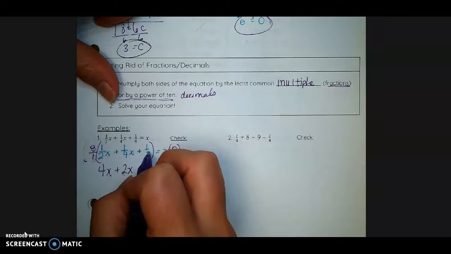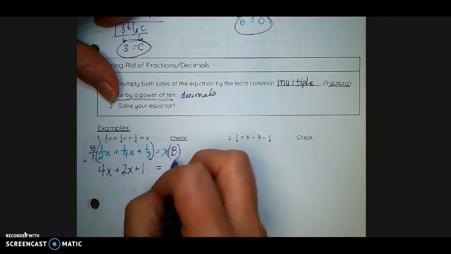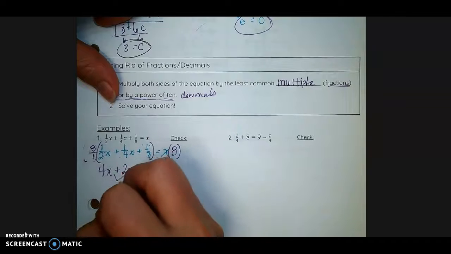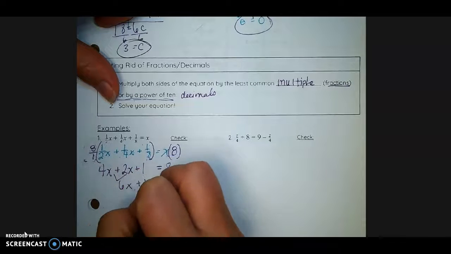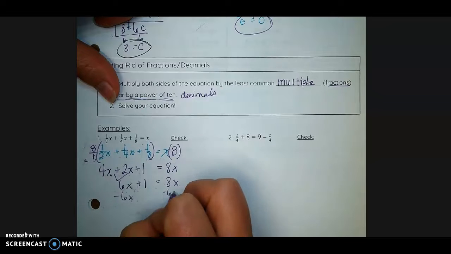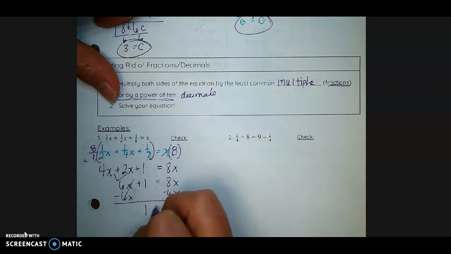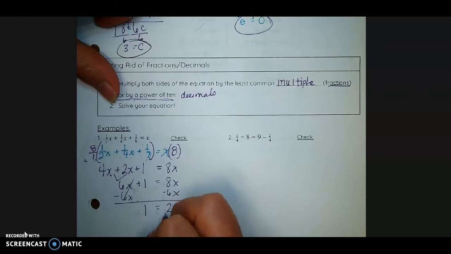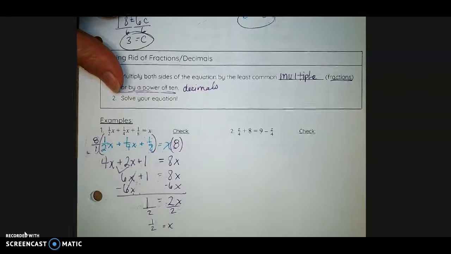And 8 over 1 and 1 over 8, those are reciprocals, so that equals 1. And on this side, I have 8x. So now I have 6x plus 1 equals 8x. I'm going to subtract 6x from both sides and get 1 equals 2x. I find out that x equals 1/2, or so I believe at this time.